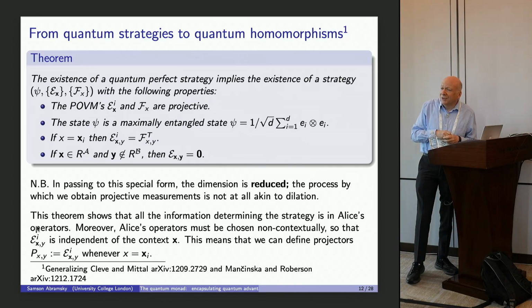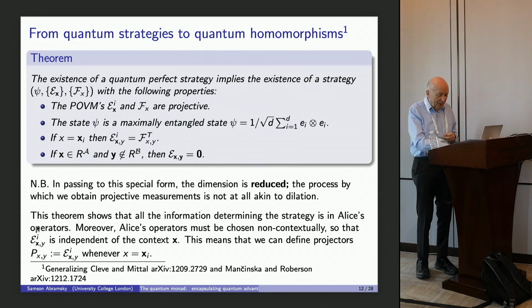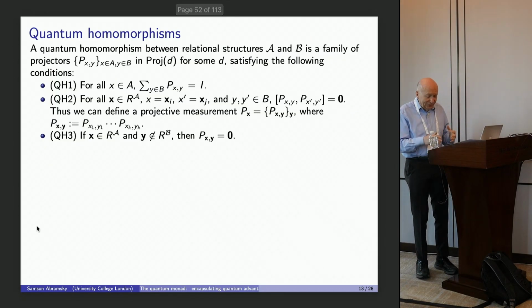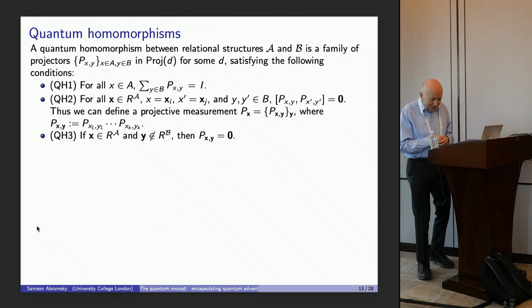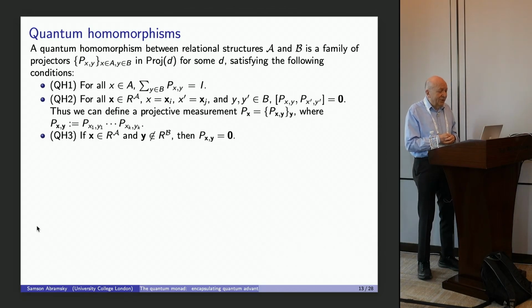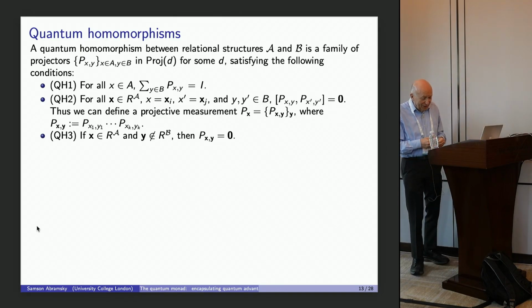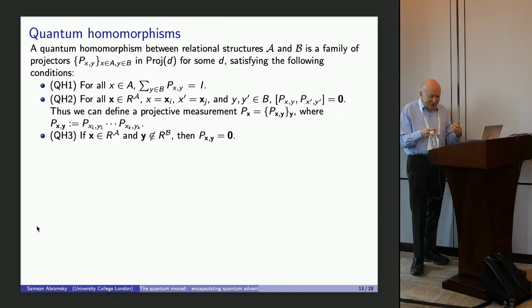And this means that we can define specific projectors just corresponding to the input-output tuples that we're interested in. So we get a drastic simplification of the very complicated-looking formalism of non-local games into this notion of quantum homomorphism. By the way, although this is a mathematical result, we can at least imagine that this is a kind of compilation that's going on.